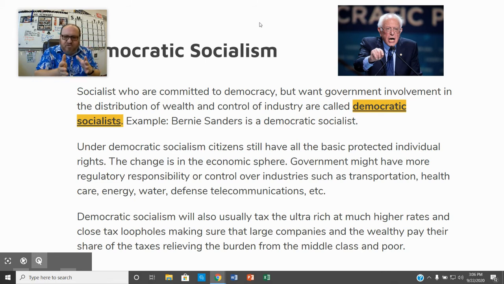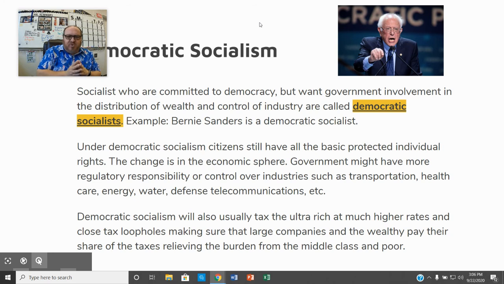Okay, he's all for voting and choosing your leaders and democracy and a lot of individual freedoms, but he also wants more government control. He'd like the government to help with the distribution of wealth by increasing taxes on the ultra wealthy. Okay, so under democratic socialism, citizens still have all the basic protected individual rights, freedom of speech, press, all that kind of stuff. The change is in the economic sphere, though.